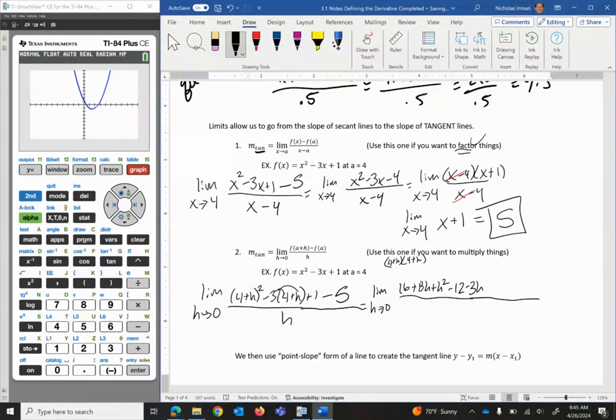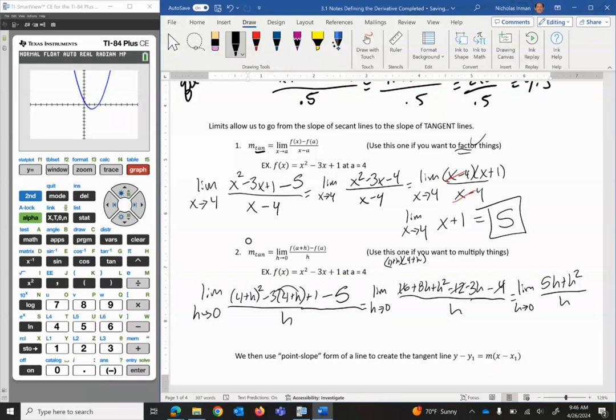And then the plus 1 and the minus 5 can make a minus 4. All right, do we see anything that can combine here? Yeah, I see a 16 minus 12. That's 4. 4 minus 4 cancels. I then see an 8h minus 3h. That's 5h plus h squared, divided by h.